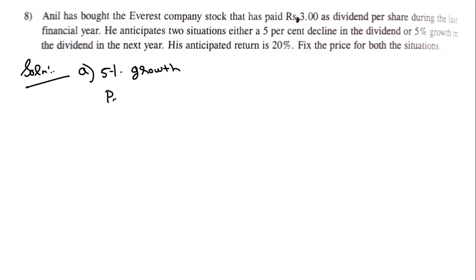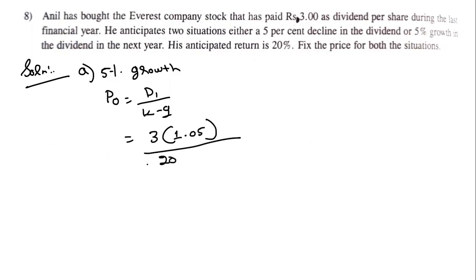We know the formula, D divided by K minus G. So here it is 3 into 1.05, because of growth of 5% and the dividend was mentioned as last year's in the problem, divided by 0.20 minus 0.05.